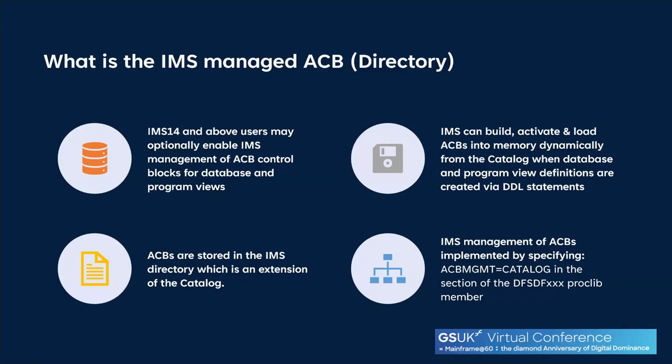That's why it is highly recommended, and it's high time, that you start moving to the catalog and managed ACB directory. We already know that a lot of customers have been running the catalog for some years with a lot of success. We also have examples where a few customers have been running managed ACB in production for several months without any major disturbance. So that's the future, and I think everybody needs to embrace that.